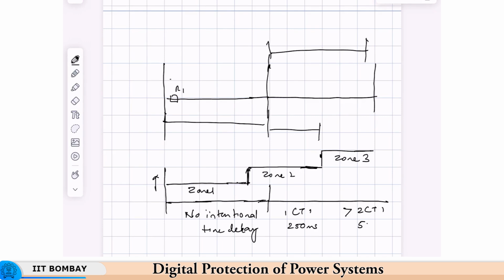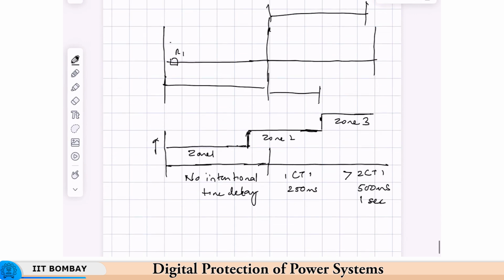It could be 500 milliseconds or greater, usually it is set to around 1 second, and can be higher also, up to 90 cycles.